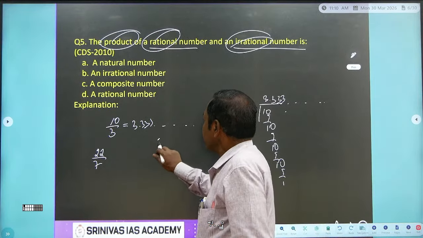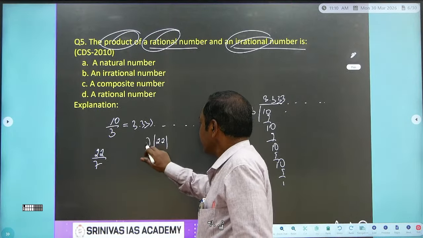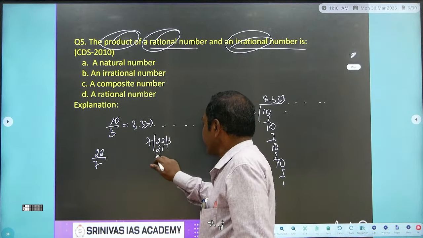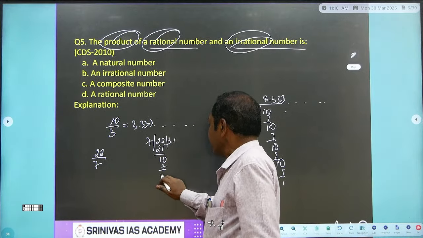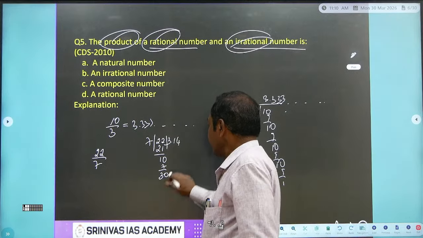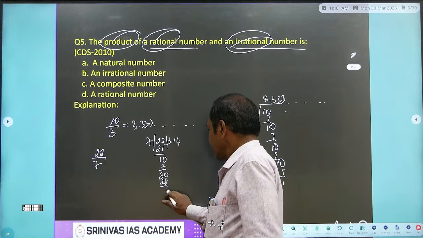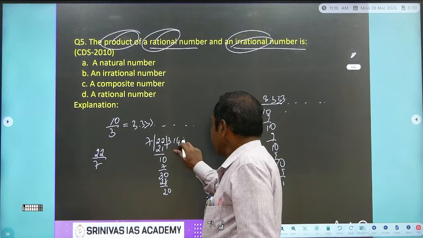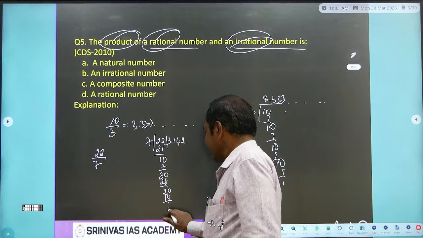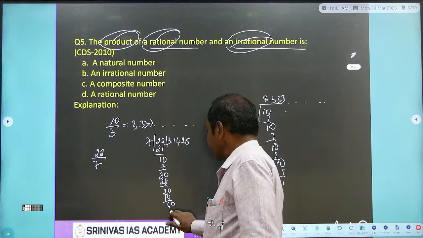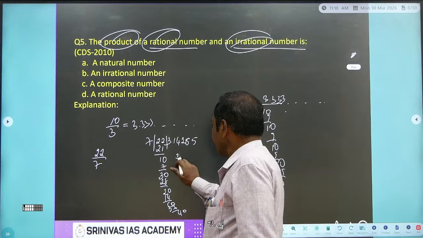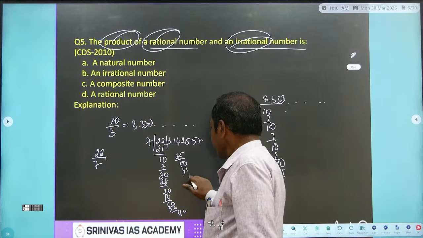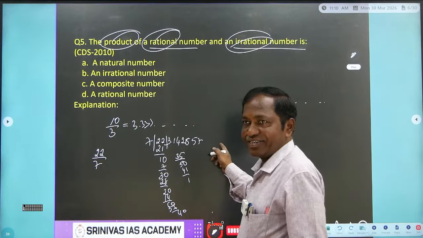Because see 22 by 7: 7 threes are 21, remainder 1, take the decimal. 10, 7 ones are 7, 3; 7 fours are 28, and 2; 7 twos are 14, 6; 7 eights are 56, 4; 7 fives are 35, remainder is 5; again 49, again 1, it will go, and 1 means again it will start.